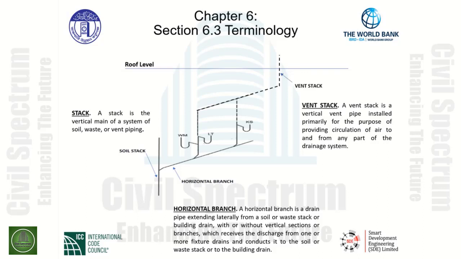In the case of our drawing, we can see that the vent stack is completely piped through the roof level of the building, allowing atmospheric air to be introduced into the piping system through this particular connection into the venting system of our sanitary drainage system.